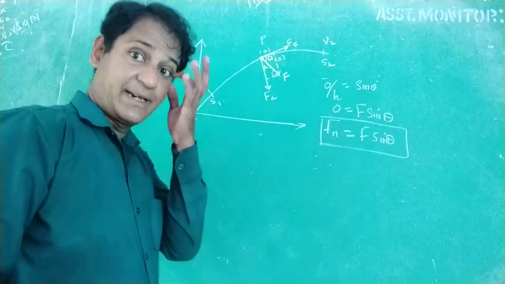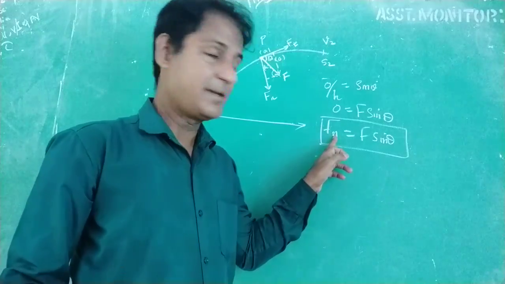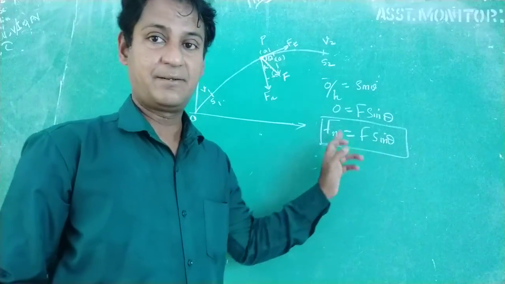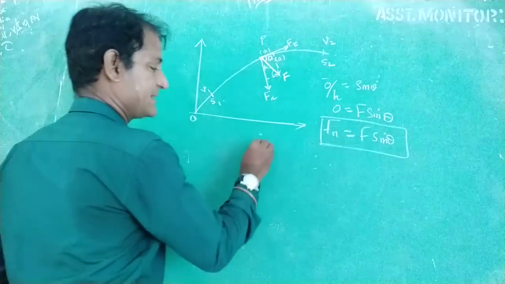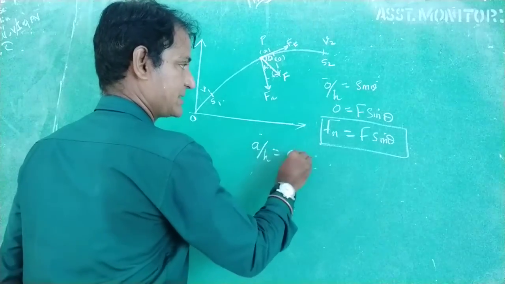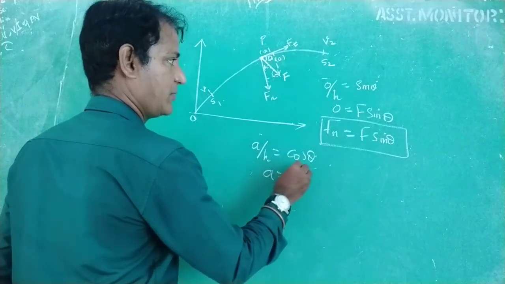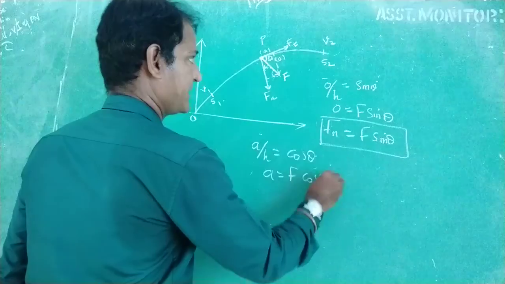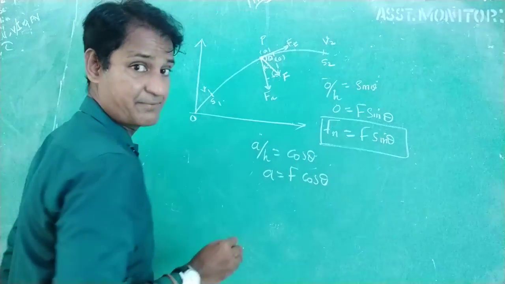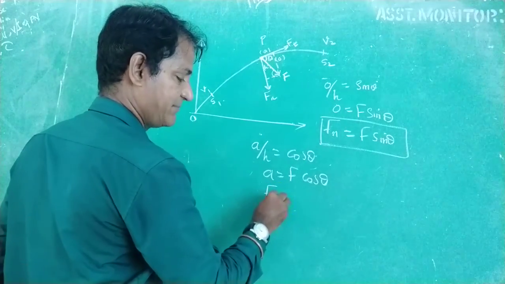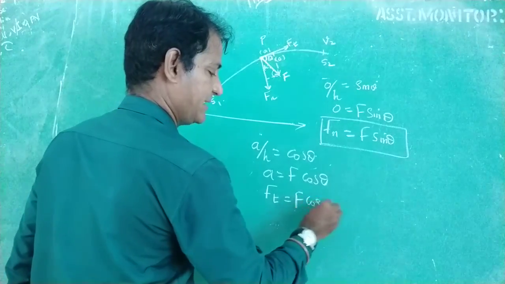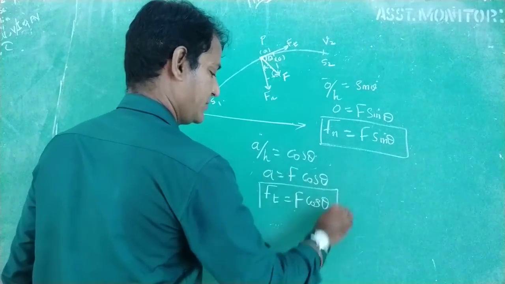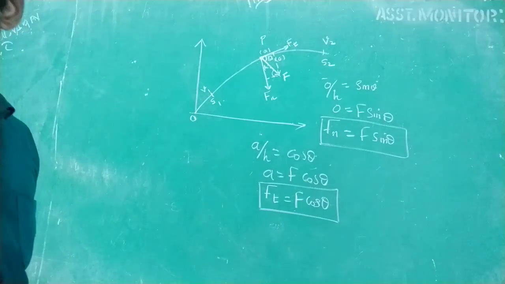In order not to forget, n is in normal, and sine goes with it. Now adjacent by hypotenuse is equal to cos theta, so adjacent is equal to F cos theta. Here the adjacent side is along Ft, so the tangential force Ft is equal to F cos theta.